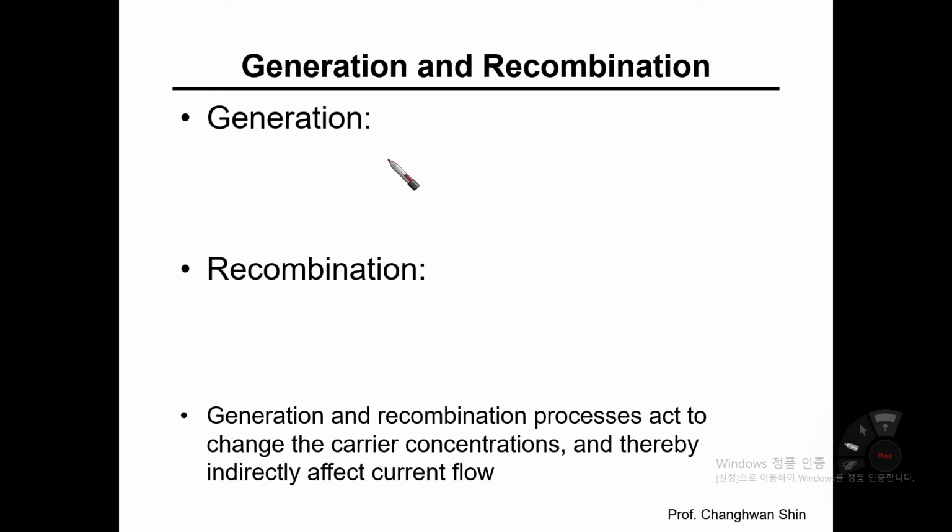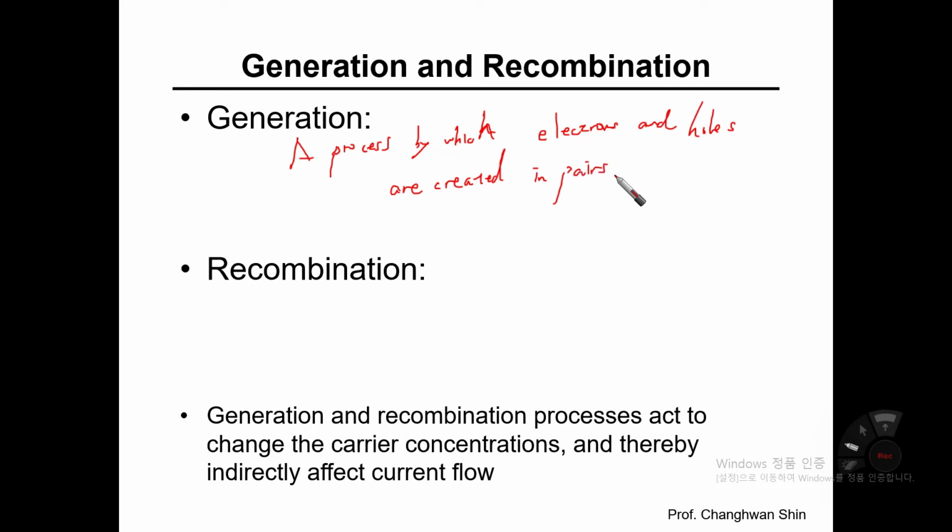In device physics, whenever we talk about the word generation, this indicates a process by which electrons and holes, those two representative carriers in crystalline silicon material, are created in pairs. Then this process is named generation.